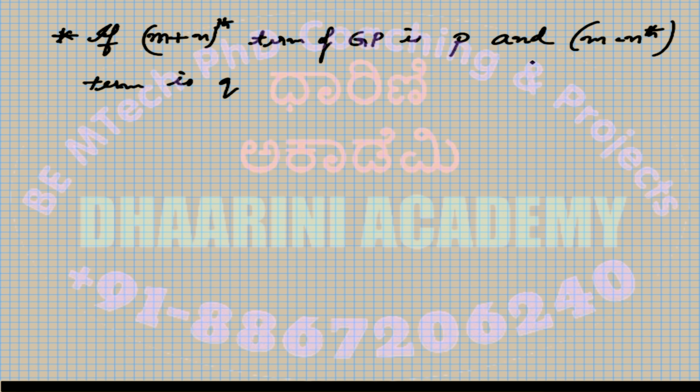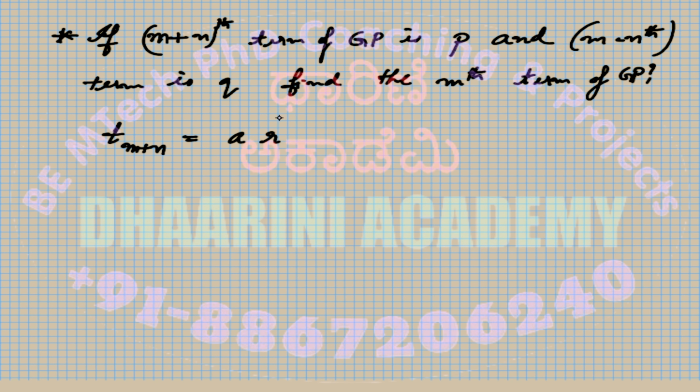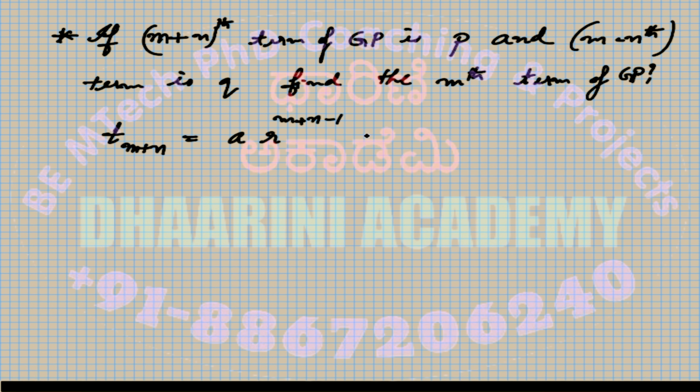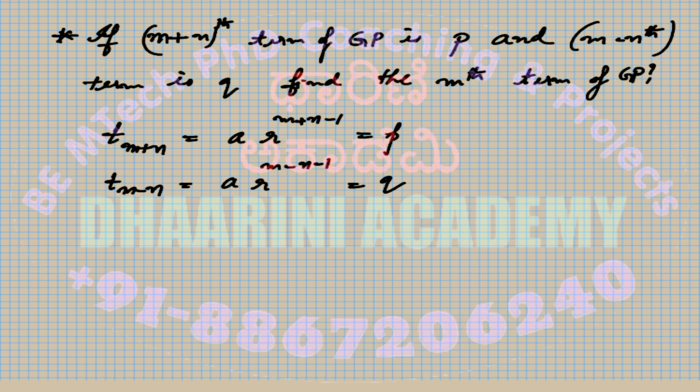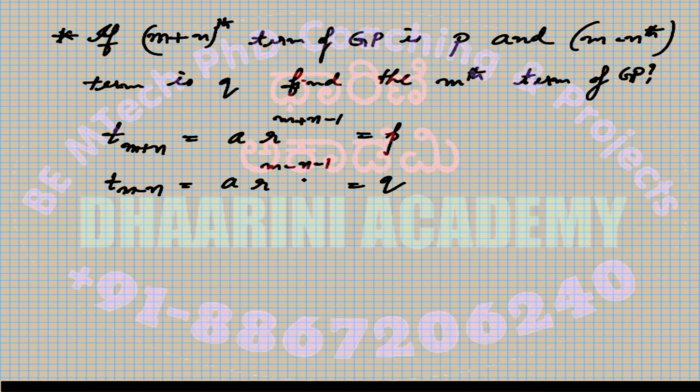So they have mentioned that the T m plus nth term we can write as A into r to the power m plus n minus 1, that is given as P. Similarly, they have given T m minus n is equal to A r to the power m minus n minus 1 is equal to Q. Now, the mth term can be obtained by multiplying them.